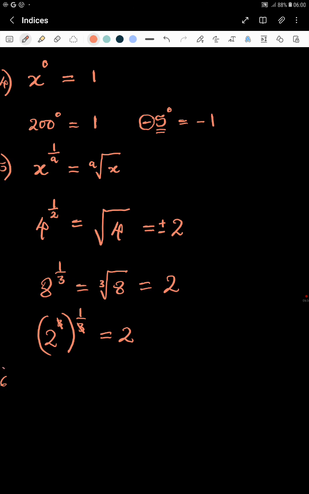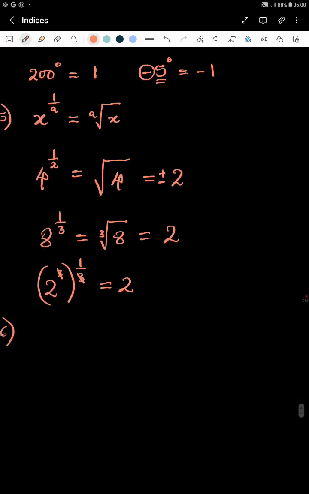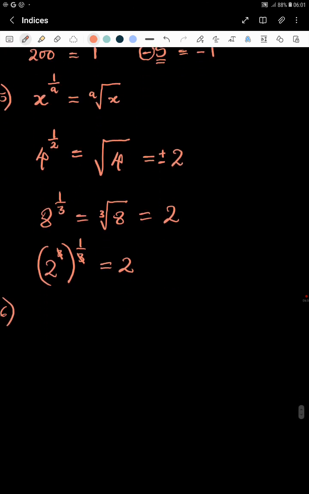So that leads us to the other rule of indices. If you have x to the power a that is being raised to the power b, your answer will be x to the power a times b, which gives us x to the power ab.